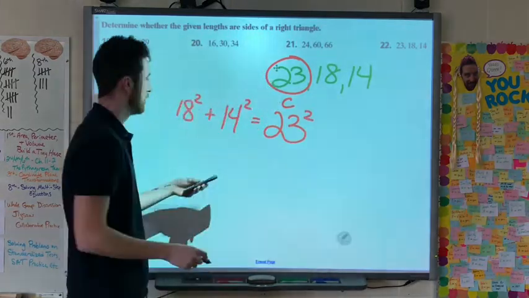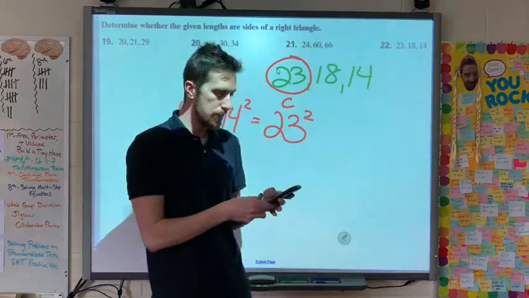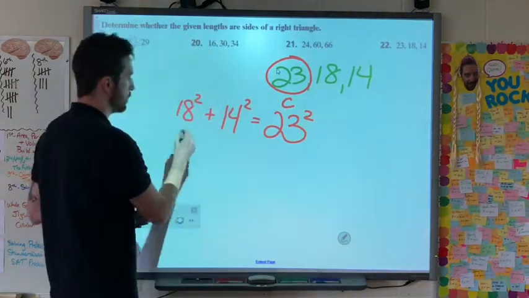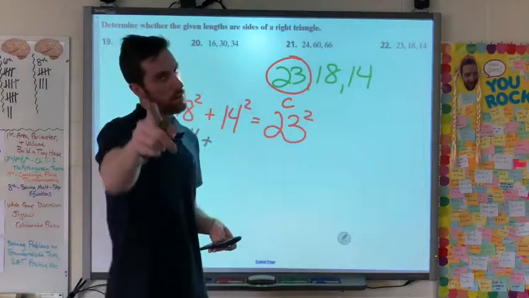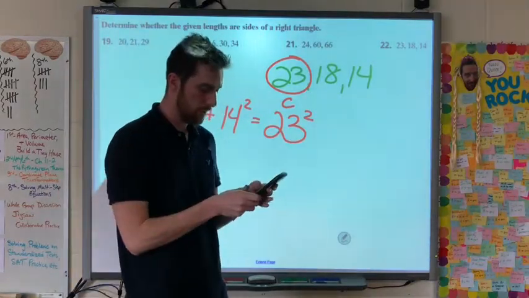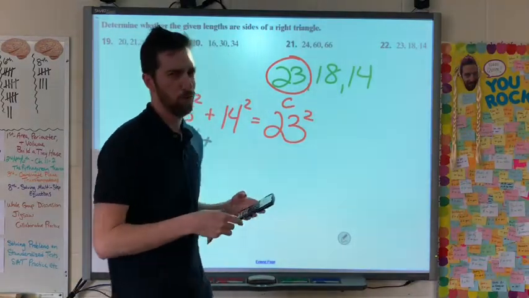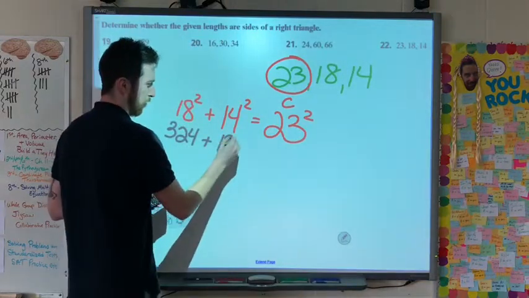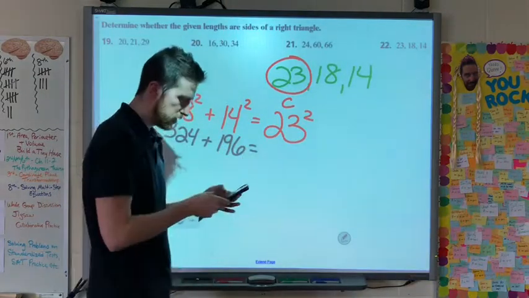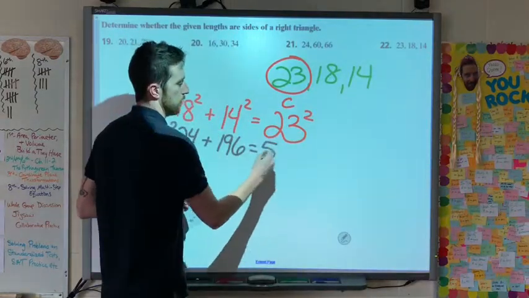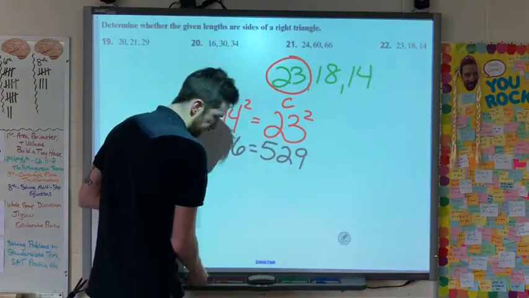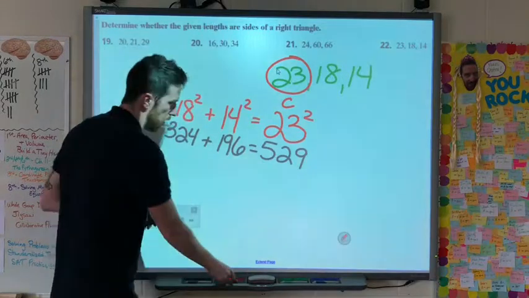Let's check it out. 18 squared, 18 times 18, is 324. 14 squared is 196. 23 squared is 529.